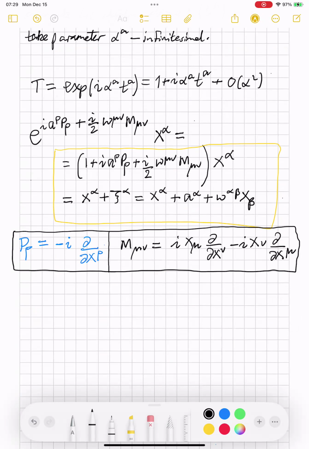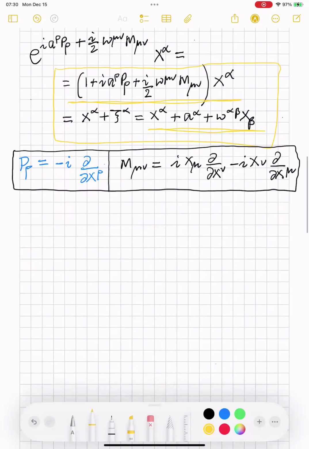This term in the yellow box just came from applying what we know about the Lie group. And this term inside the yellow box came from thinking about our specific transformation that we had solved. By equating the two, we've now managed to get hold of the elements of the Lie algebra for the Poincare group.